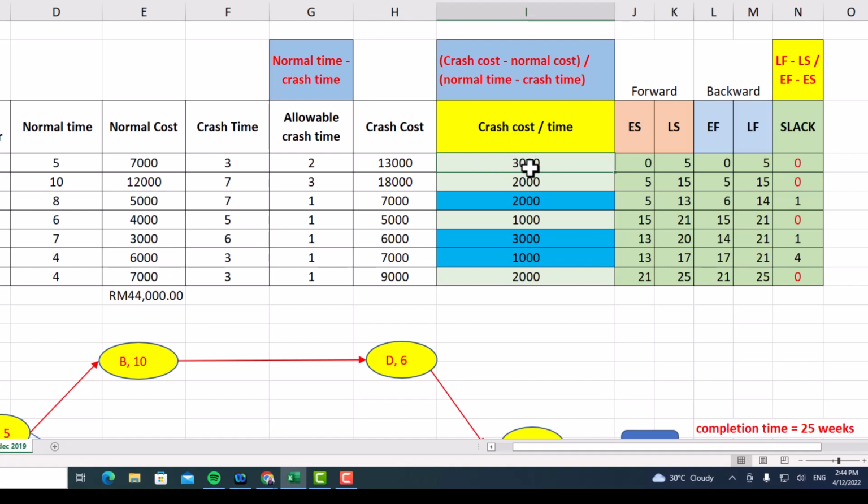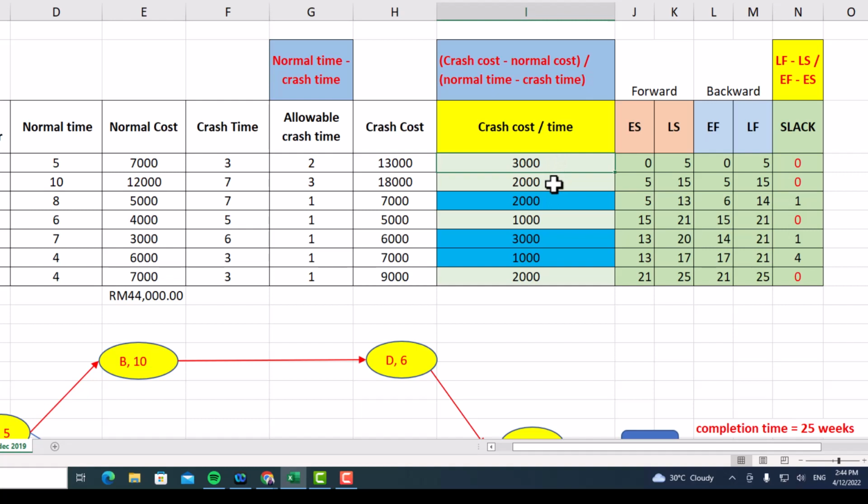find the cost first. So the crash cost 13,000 for activity A minus the normal cost 7,000, then you will get 6,000. So 6,000 divided by the allowable time here, which is 2. So 6,000 divided by 2 equals 3,000.